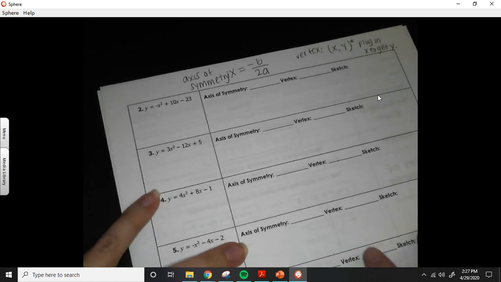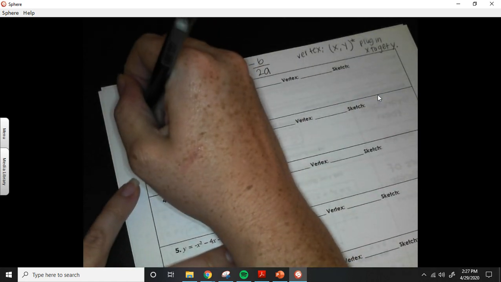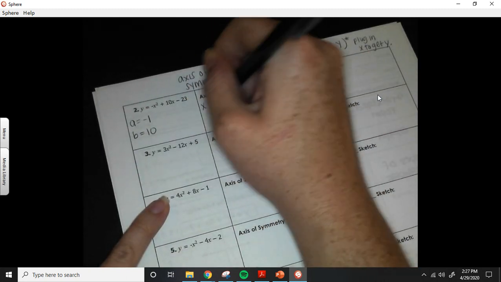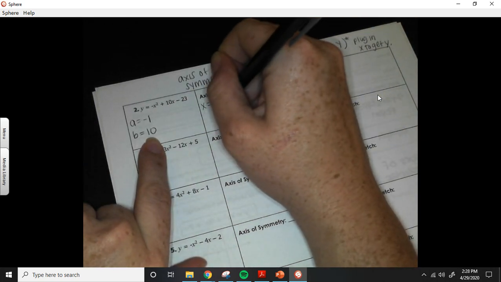Okay? All right, so let's label a and b first for number 2. A is negative 1 because it says negative x squared, and b is a positive 10. All right, using our formula, that means that our x is equal to negative b over 2 times negative 1.